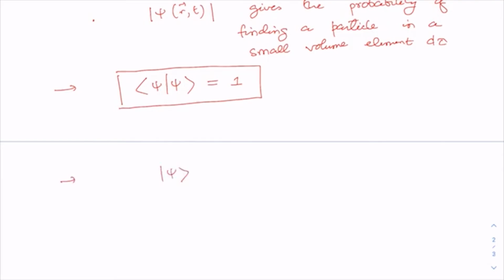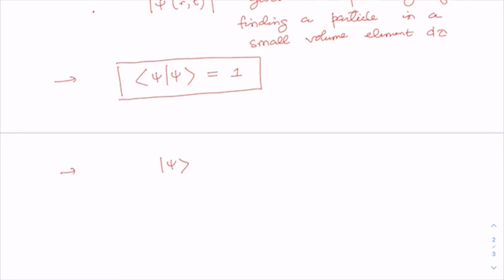psi. Okay, this state psi can be expressed as a superposition of eigenstates accessible to the system. So we can write any arbitrary ket as a superposition of eigenstates like, say, phi 1, phi 2, and so on. If we are talking about an n-dimensional system, that would be Cn phi n.